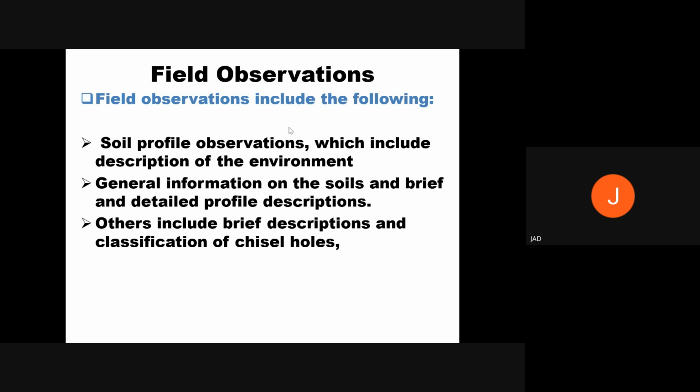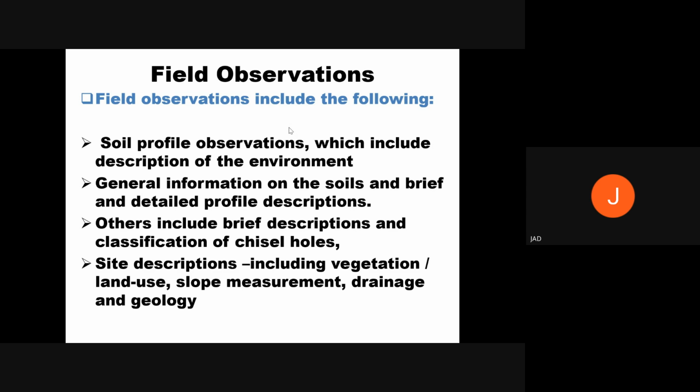You drill into the soil, and then you get a soil core for analysis. Site description includes vegetation. The vegetation can be an indicator for you to determine whether the soil is very fertile or not. So land use, slope measurement, drainage and geology information can also be obtained.